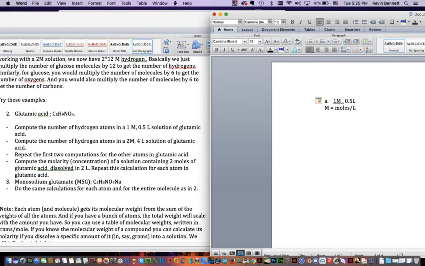So that means if I had a 1 liter solution of this, it would have exactly 1 mole in it if it's 1 molar. If I have a half liter, then it's going to have half of that. So your answer for glutamic acid is 0.5 moles of glutamic acid.